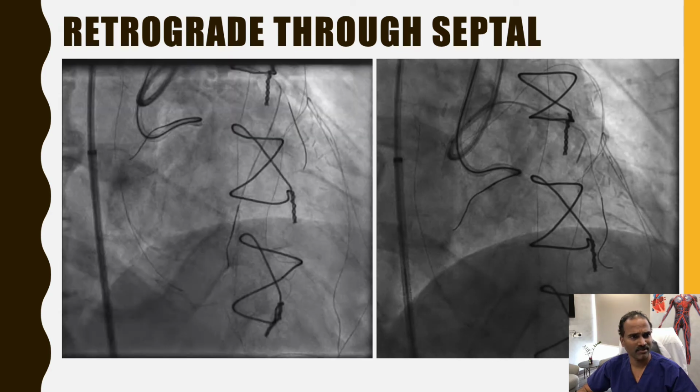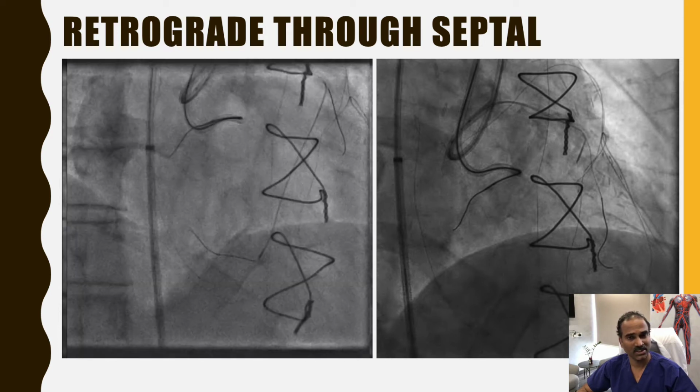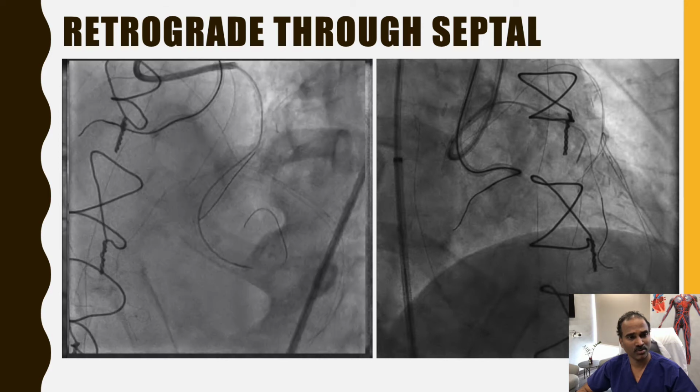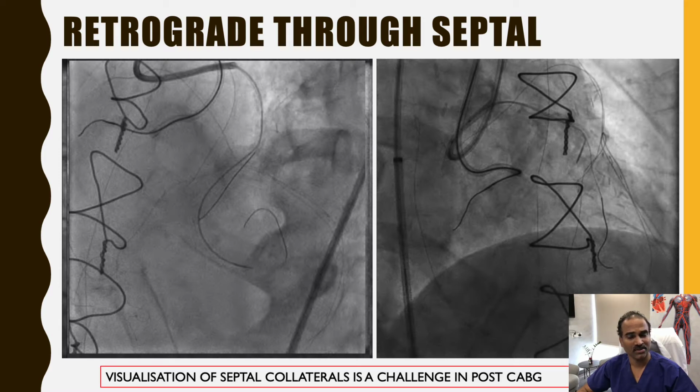That's why we went ahead with surfing with the Cyan wire, but unfortunately we couldn't cross into the PDA. These are the different positions we got, but we were not comfortable. The problem is visualization of septal collaterals is a challenge in post-CABG because of the multiple collaterals, and many times we may end up surfing.